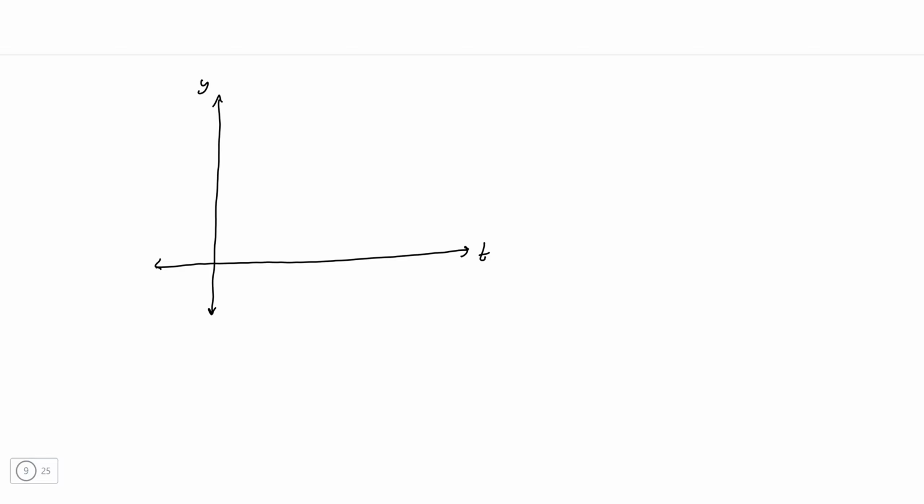We know that we're going to approach this value up here of L, and we know we start down here, say at P0, and there's going to be an important point we'll see later, so take this to be L over 2. We'll look at this later in the course to see what's actually going on here. I want this to be blue, so this should go up, and then kind of switch over and go like this. So this is y equals P of t in this case for the logistic model.